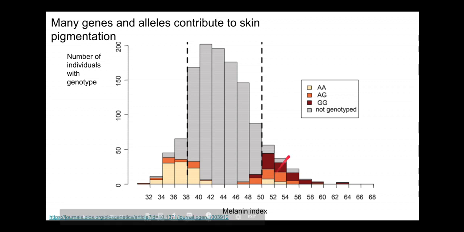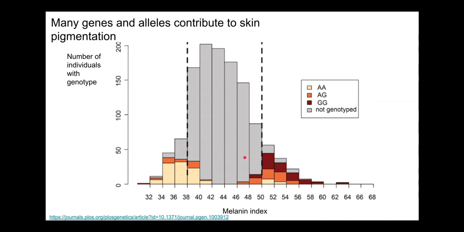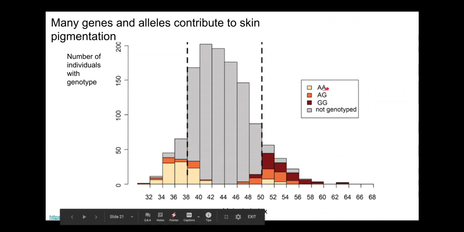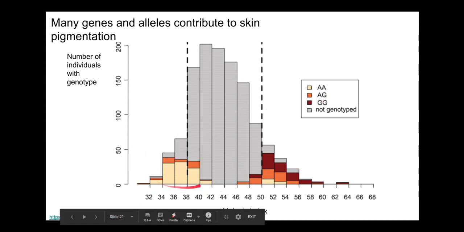So any given gene, any given allele does not determine exactly how highly pigmented an individual is, but this happens to be a gene that at least this allele being homozygous big A does tend to make these individuals on the low end of the pigmentation scale for this particular population.